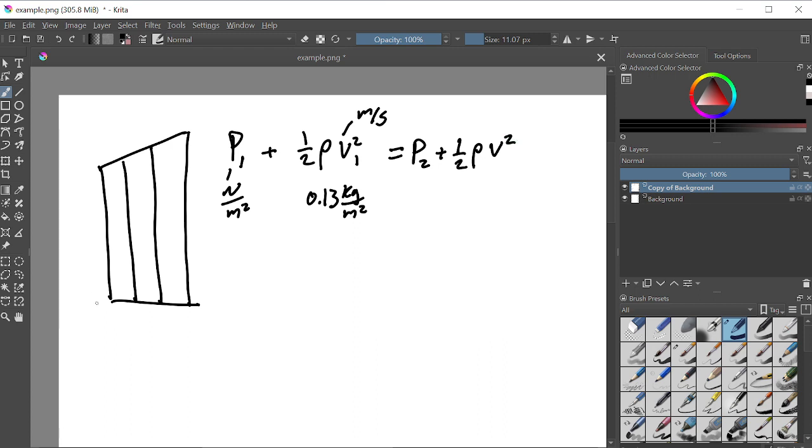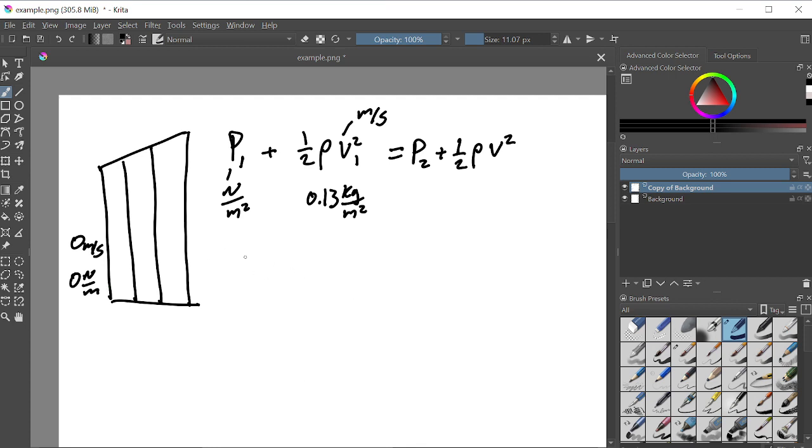So we're going to start at, let's say, 0 velocity and 0 pressure, which is 0 newtons a meter. In this case, I'm using gauge pressure because it makes everything easier.